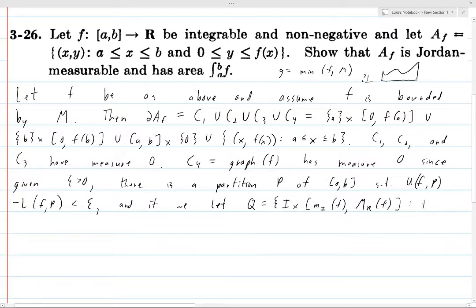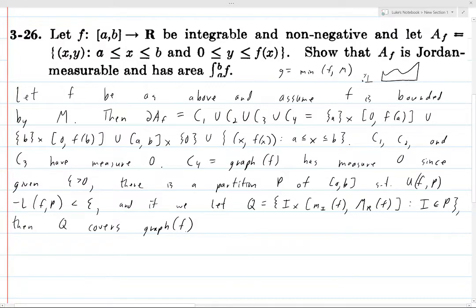You do this over all intervals I in the partition P. Then Q covers the graph of f, which is C4.